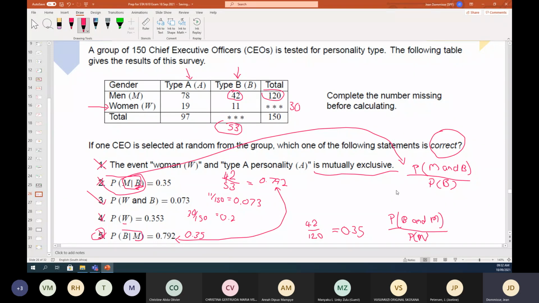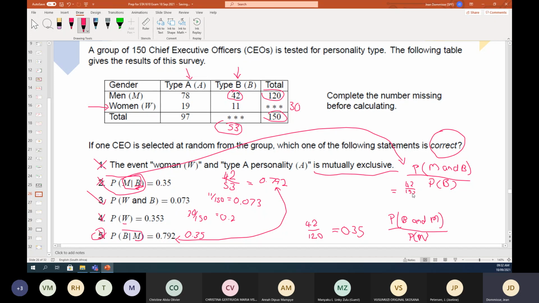Now, when I said 42 divided by 53, I took a shortcut. The probability of M and B would have been 42 divided by 150. That is how you would normally work it out.